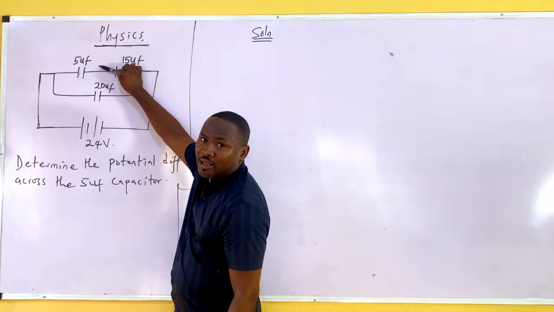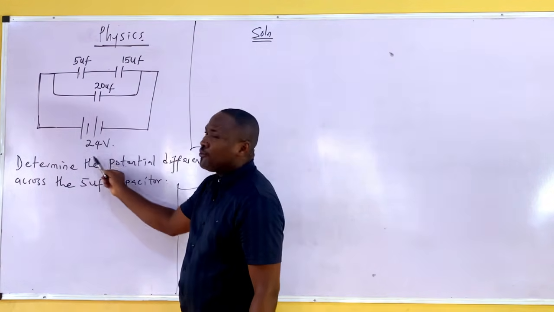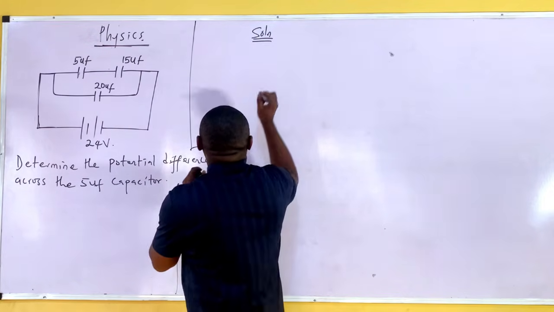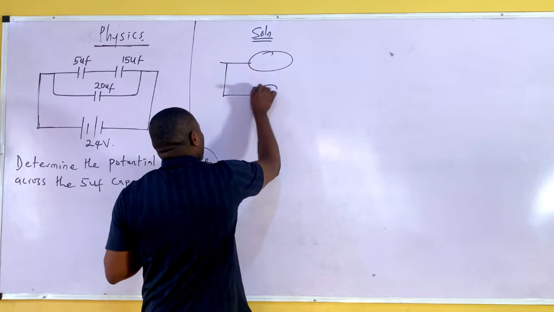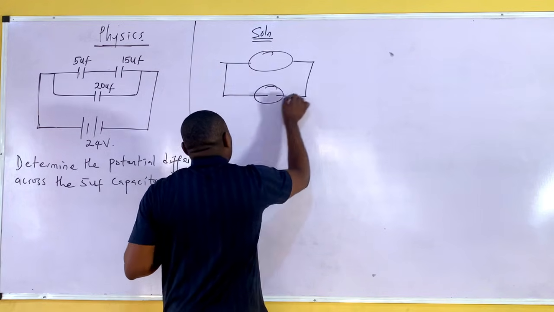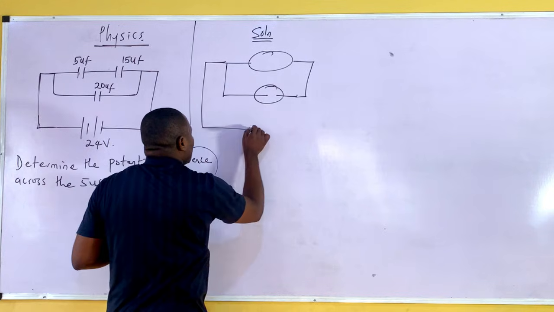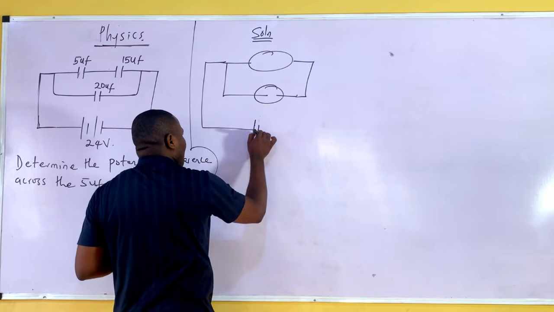capacitors are in parallel, they have the same voltage. That means the voltage here is equal to the voltage here is equal to the total voltage here.